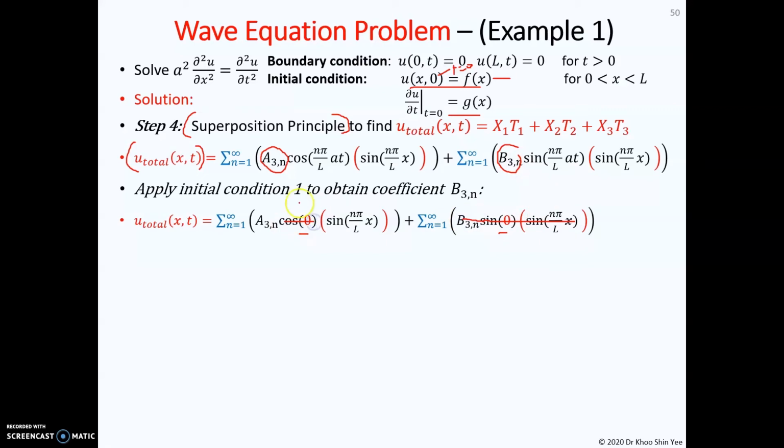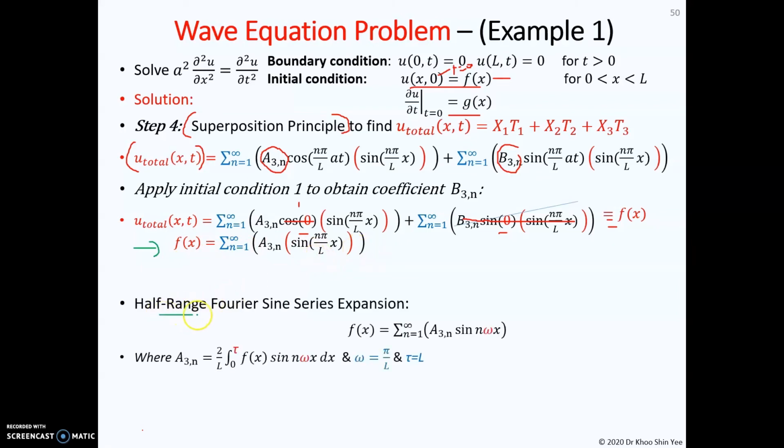Cos 0 gives you 1, and this term will be equal to f(x). With that, you succeed in obtaining the f(x) function equal to the summation of the sine term, and you should recognize this to be a half-range Fourier sine series expansion, where x is from 0 to L.